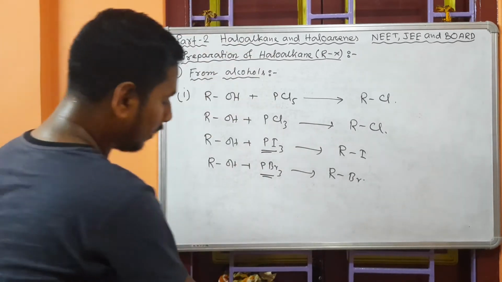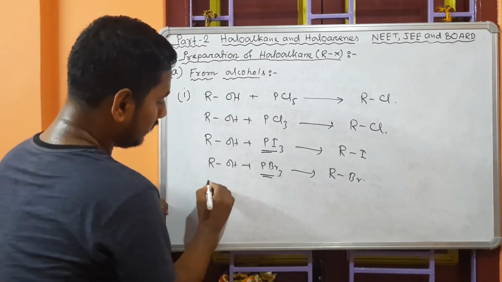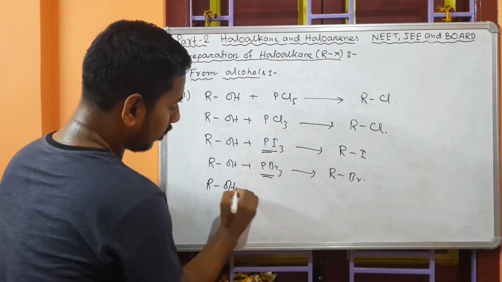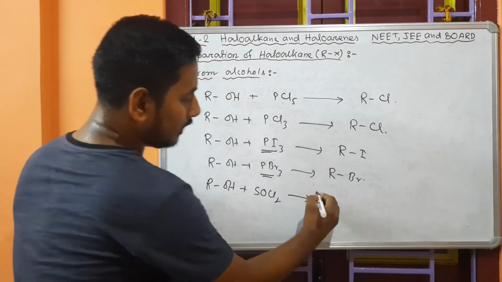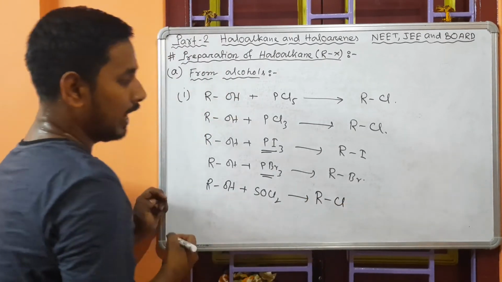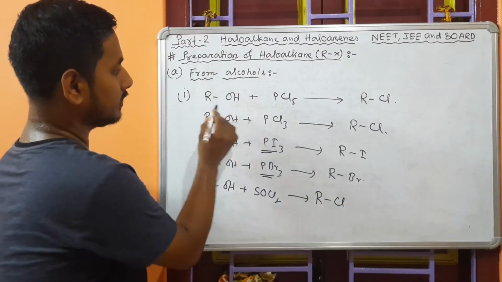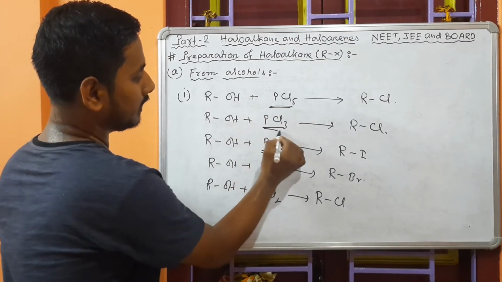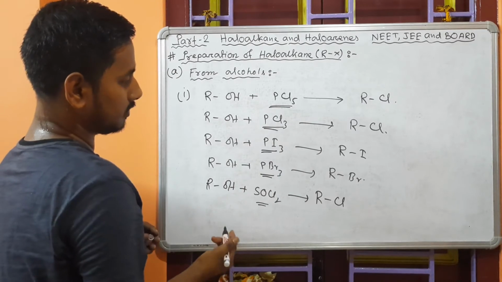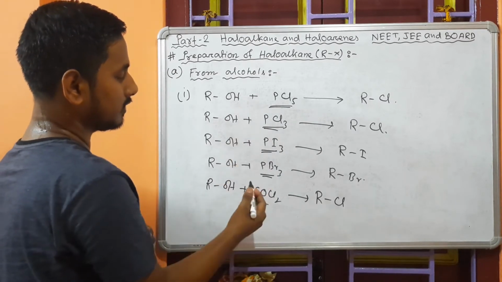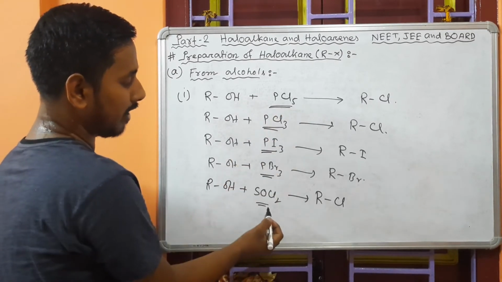Now again, alcohol reacts with SOCl2, thionyl chloride, and then you get RCl. And if we compare PCl5, PCl3 and these things, this is phosphorus halide, this is thionyl chloride.